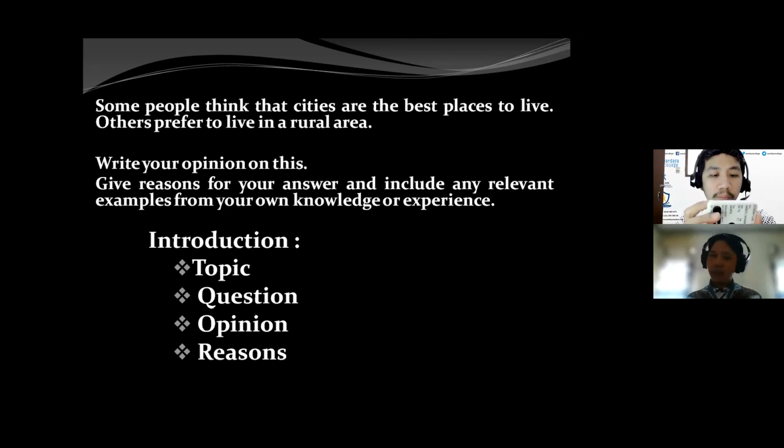The question is about choosing between living in a city or in a rural area or in a village. But what is the topic actually? Yes, the topic is about choosing where to live, a place to live. The topic: choosing where to live. The question is about city or village. Got it? Yeah, very good.